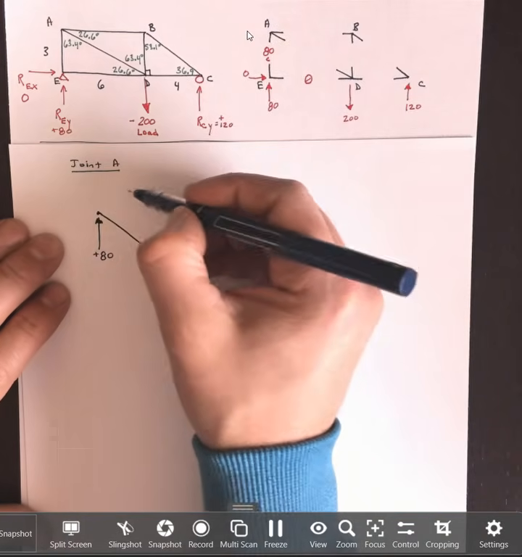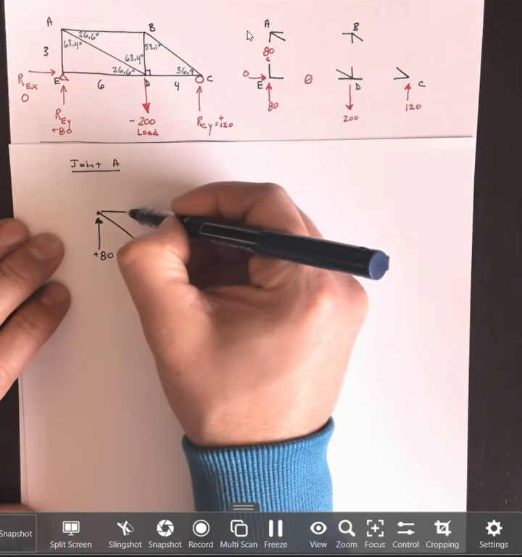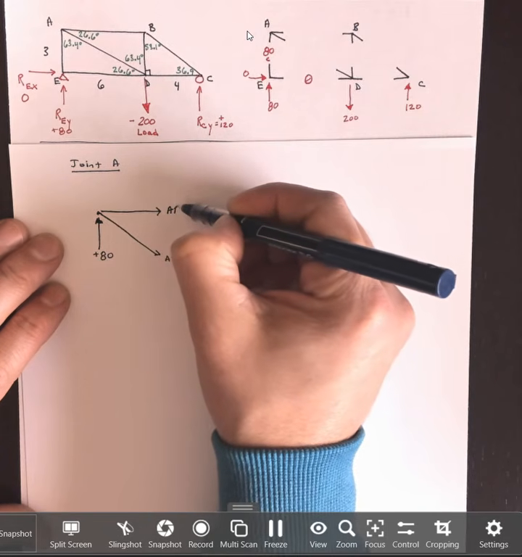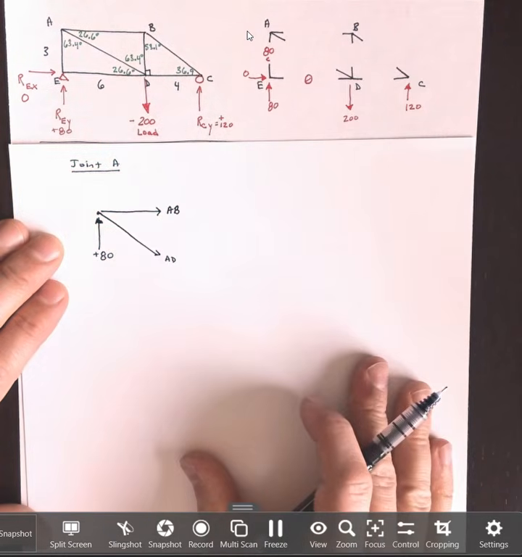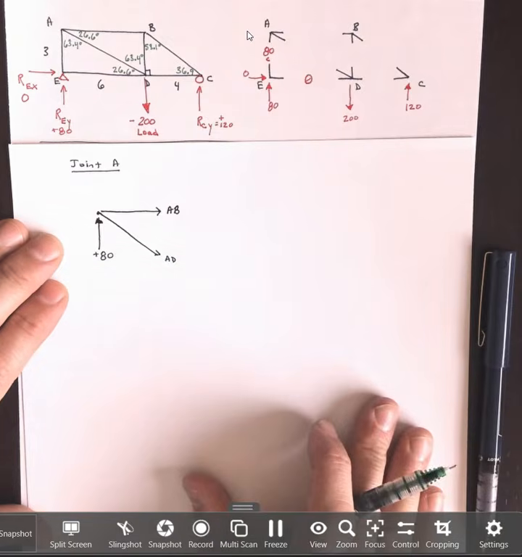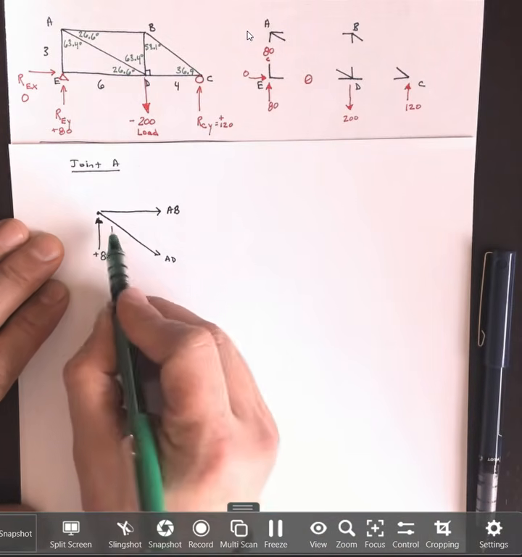And then I have AB, which will also be assumed to be in tension.